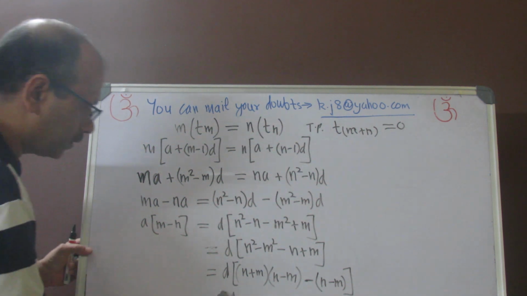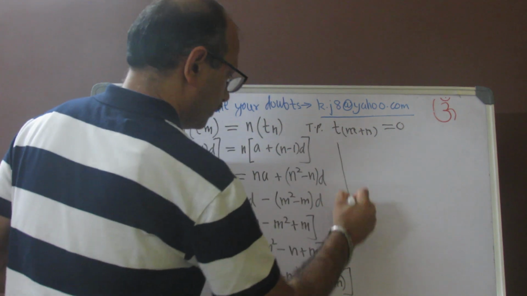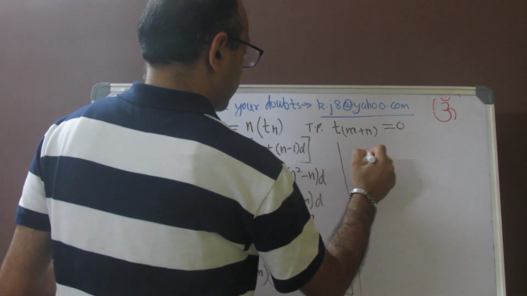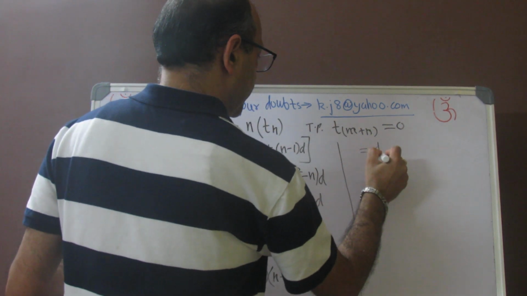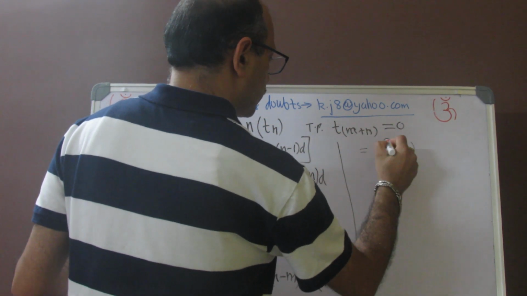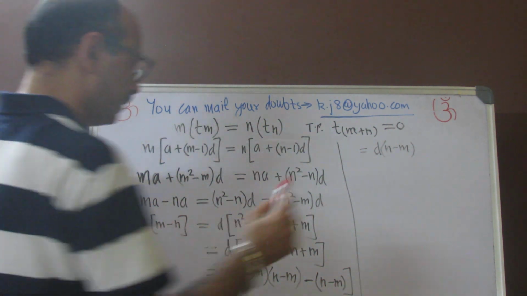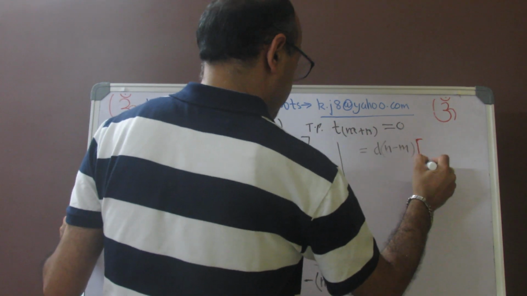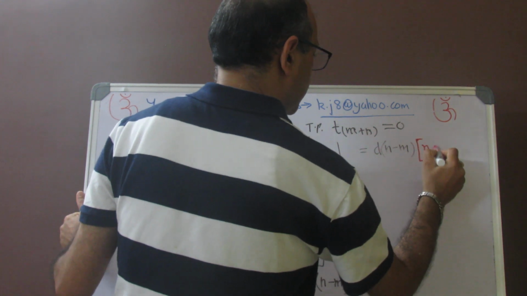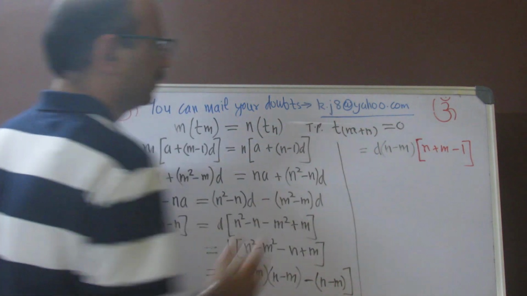So we will have equals to D, N minus M as common, and inside we are left with N plus M minus 1.